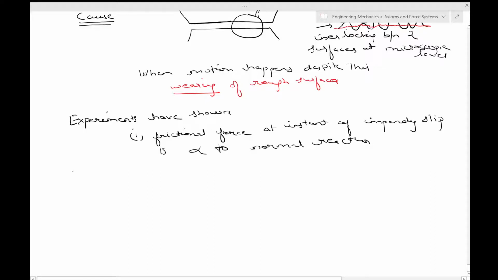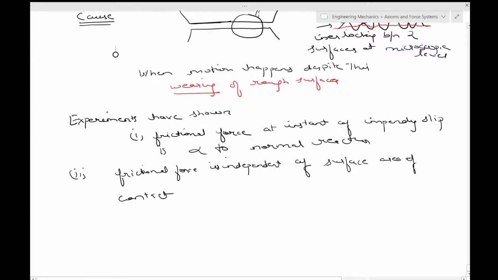Secondly, you will have this, that the friction force is independent of surface area of contact.